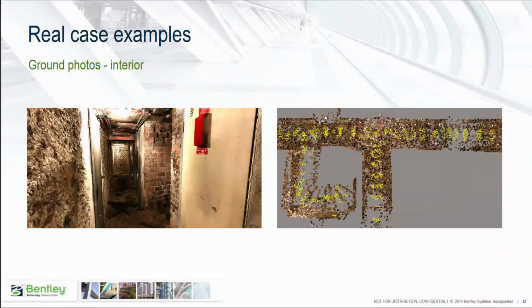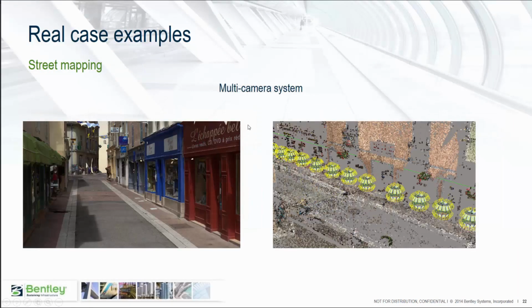And then we have some examples for street mapping. This one is using a high-end multi-camera system. It's actually 26 DSLR cameras mounted on a spherical support. It's quite an expensive device.